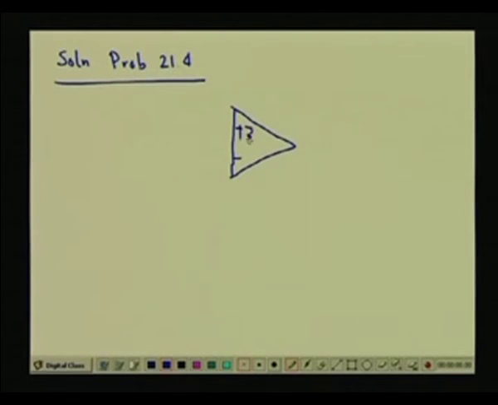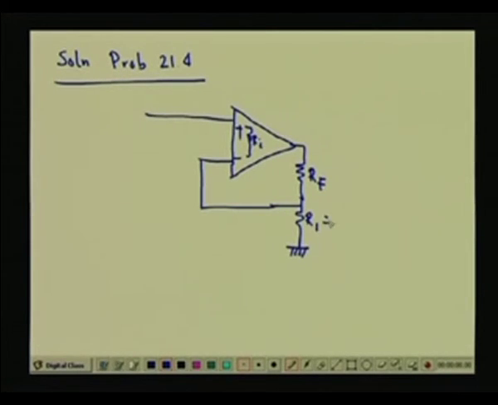It has a very high input resistance, this is Ri, and this signal is coming here. Connected here, this is Rf, this is R1, 1 kilo ohm, and this is 2 kilo ohm.